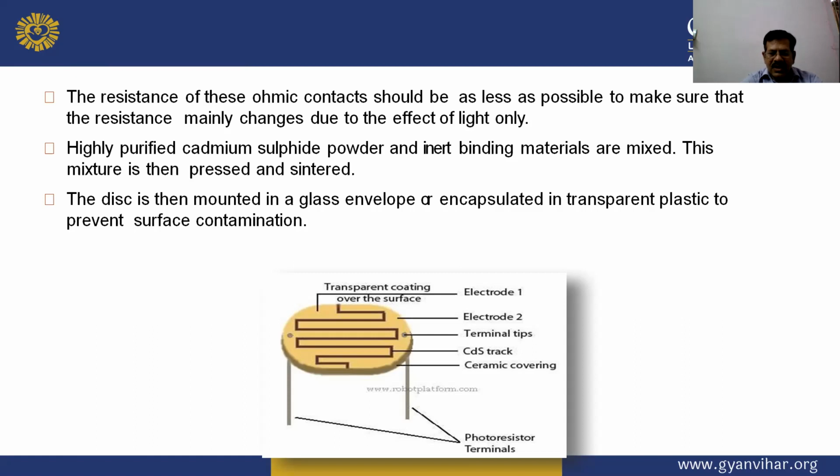We can see this in the diagram, in which there is a transparent coating over the surface, and that is electrode 1, and below it electrode 2, and one is the terminal pins here, and next is the cadmium sulfide layer, and next the ceramic covering.